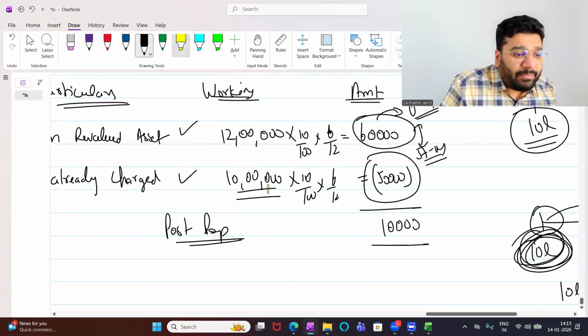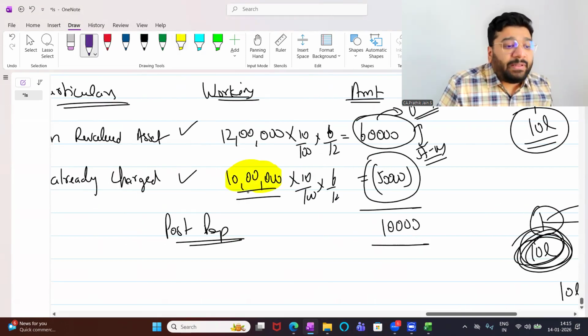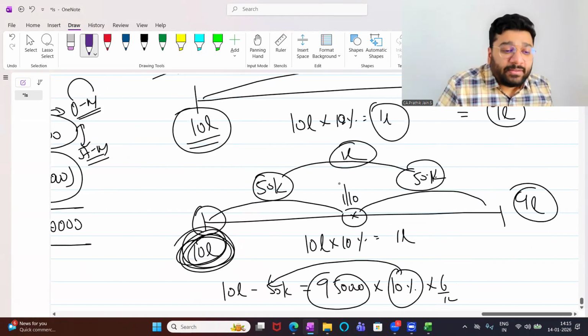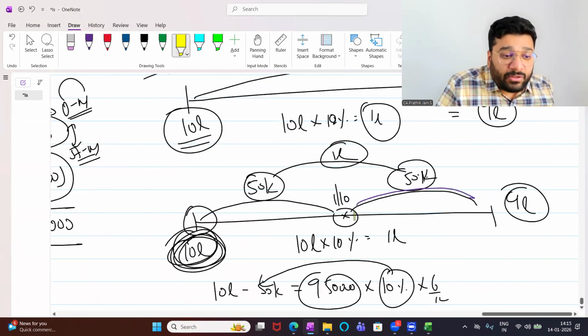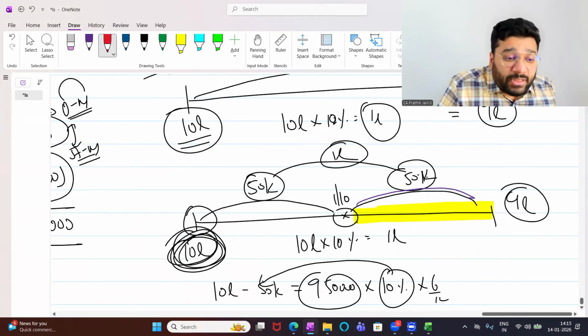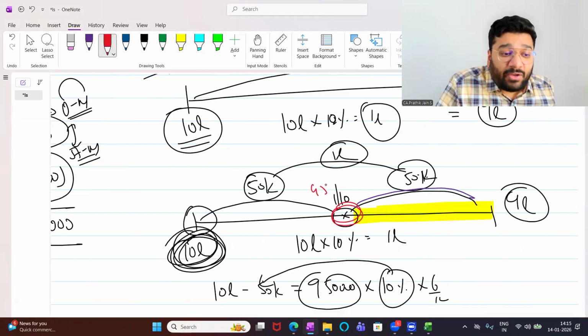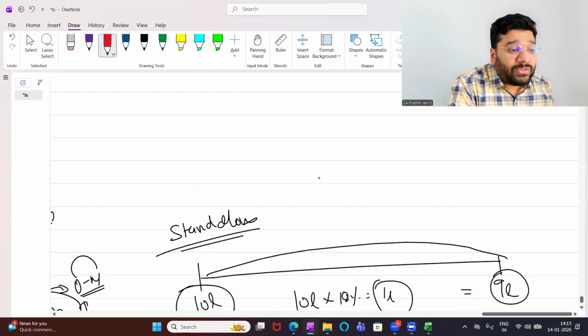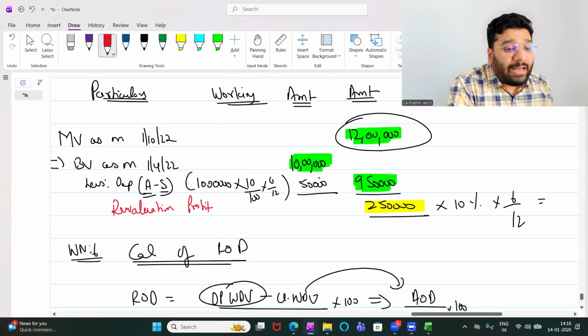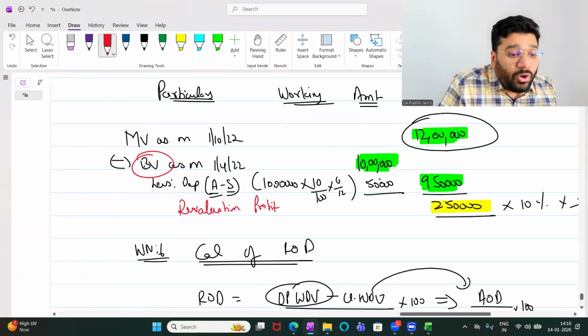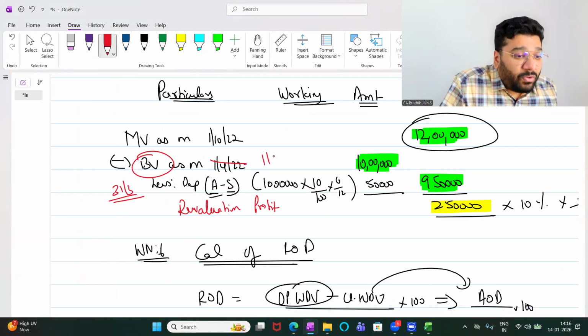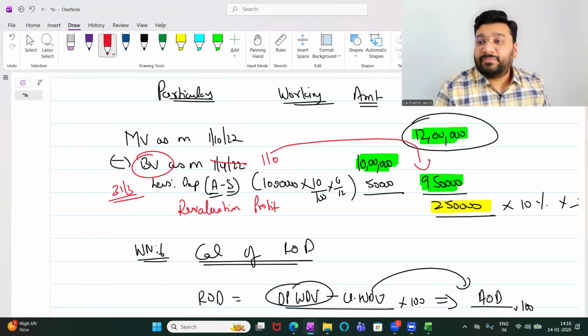This is one place where people make mistake, because people think that I'm doing depreciation for the remaining 6 months during post period. So what they think is, post ka WDV is how much? 9,50,000. Where did we calculate this 9,50,000? In the previous question, we calculated that book value on 1/10. 1/10 is how much? 950.